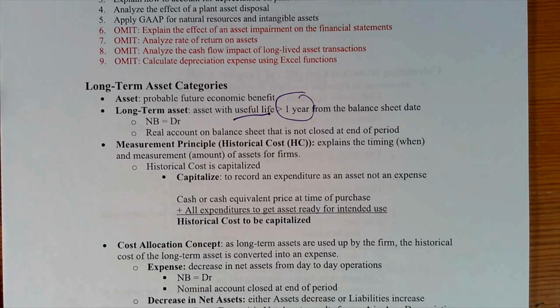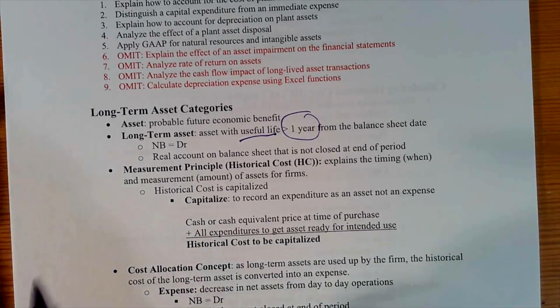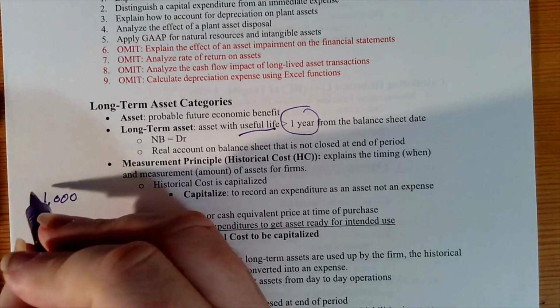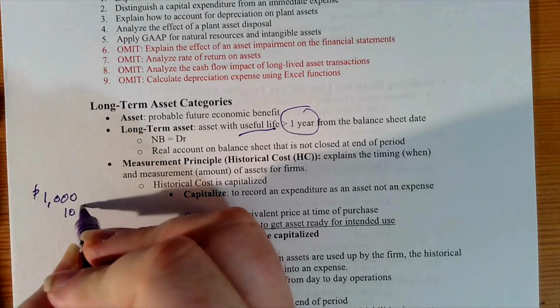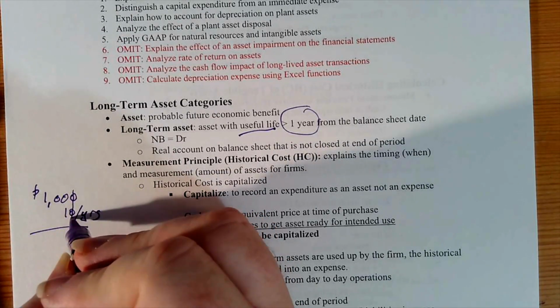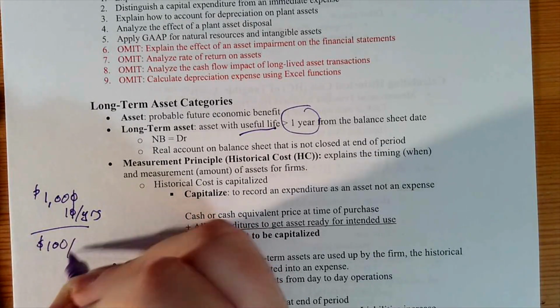You have to spread out the expense over multiple years. So, for example, if I had a piece of equipment that was worth $1,000, and we're going to use it for 10 years, I would say, just mark off the zeros, that we're going to use it up to the tune of $100 per year.